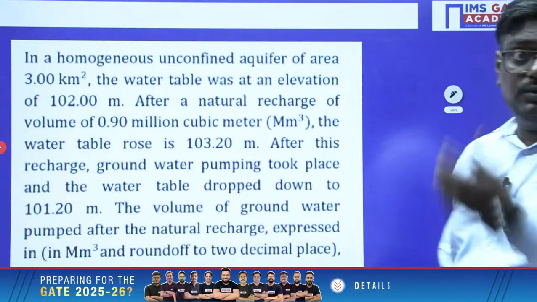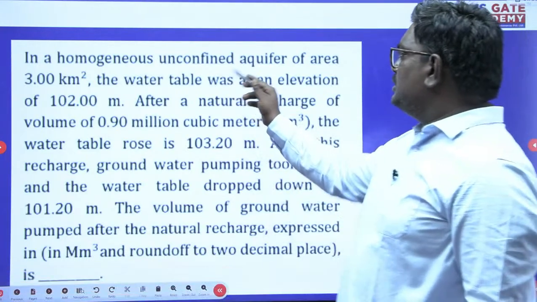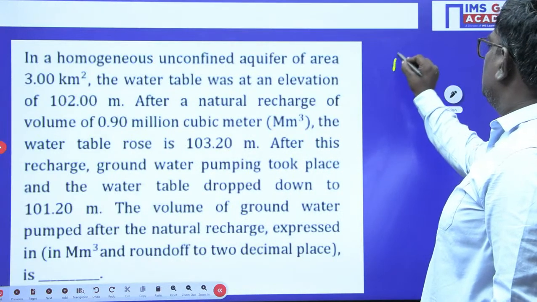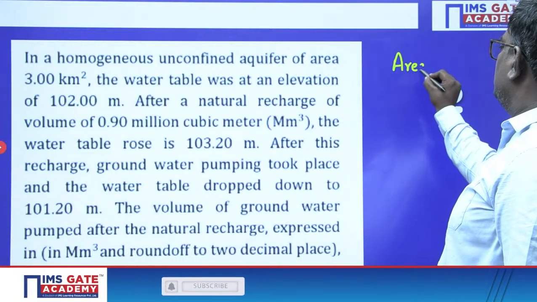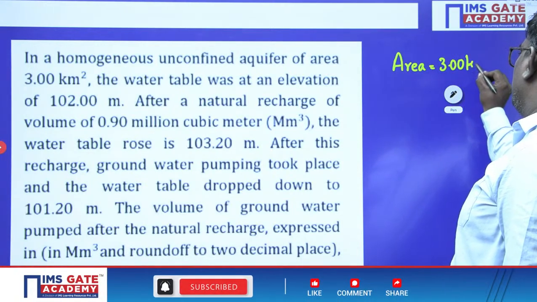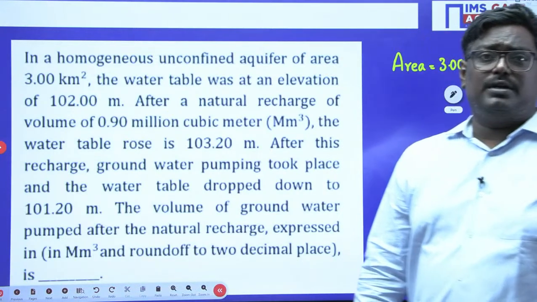Okay. Now see, students, here the question is, in a homogeneous unconfined aquifer, what is the area? The area is given as 3 kilometer square.